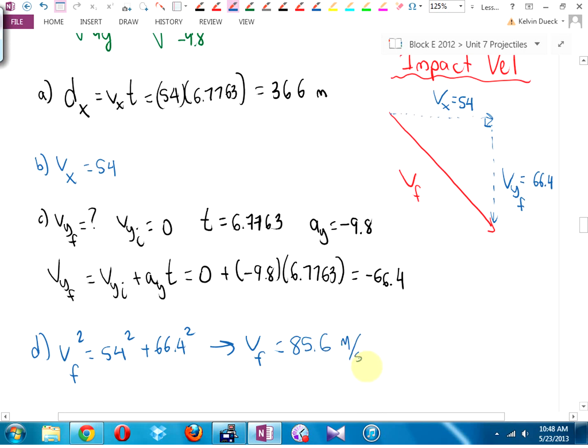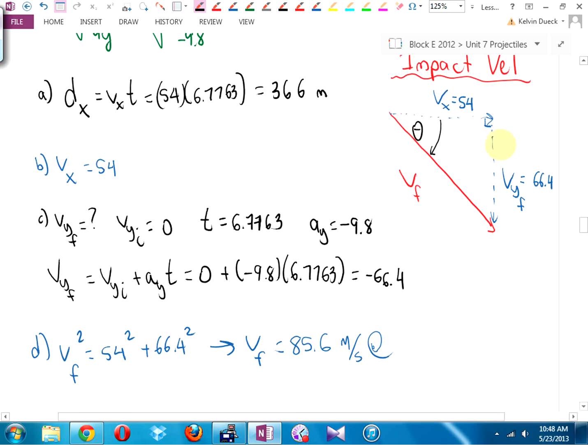That's the speed. Did part D say find the speed just before impact? And direction. Now, I think the direction, AJ, my friend, is going to be that angle there. Which trig function?